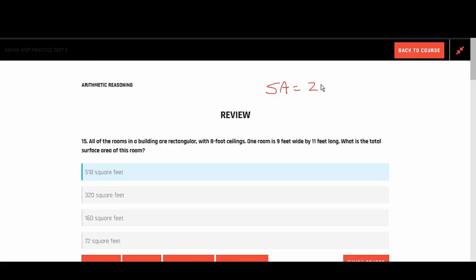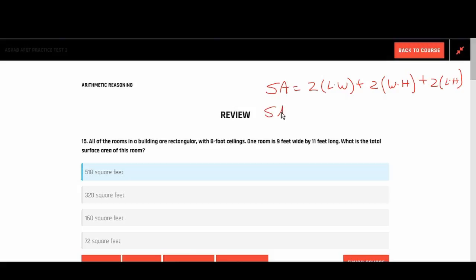In that case, you would have to know this formula from memory. It's 2 times length times width plus 2 times width times height plus 2 times length times height. Again, this is finding the area of all the faces of the prism and multiplying it by 2.